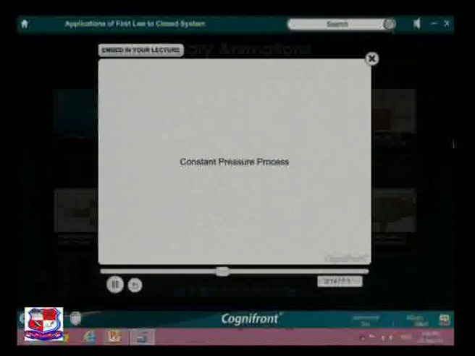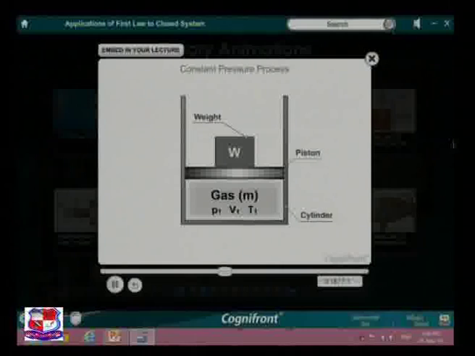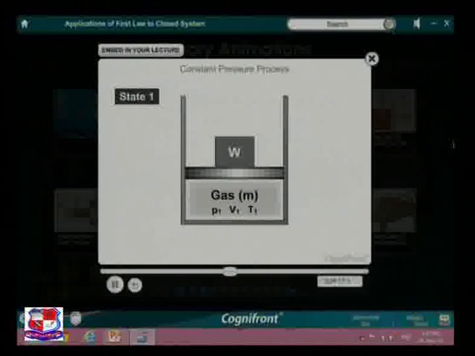Now let us study the constant pressure process. Consider a piston cylinder having some amount of gas. The initial state of this system is P1, V1 and T1.